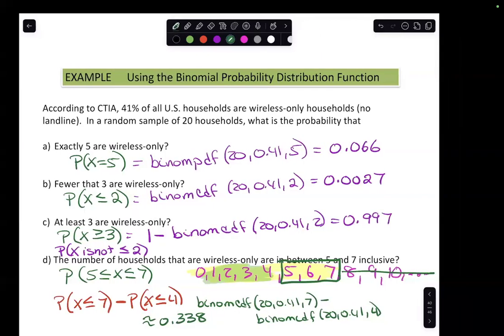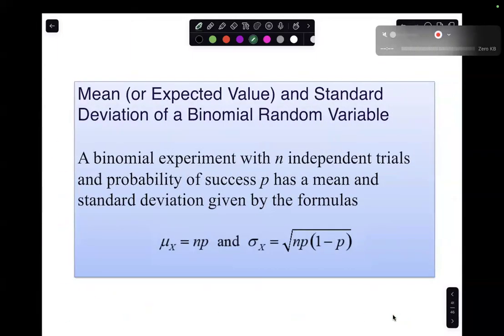Okay, I'm going to move on to the mean and standard deviation of binomial random variables. Sometimes I like to do these problems a little differently than our textbook does, but I'm going to show you both ways.